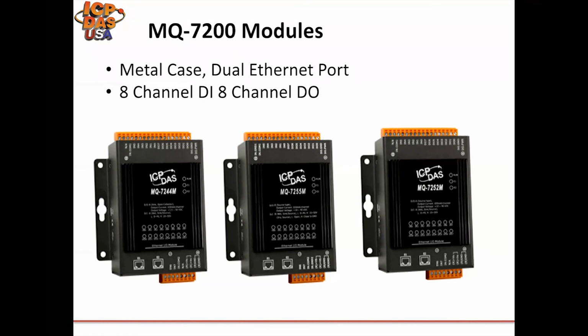Each has 8 channels of digital input and 8 channels of digital output. Depending on the model, your options for input are sink and source, dry and wet contacts, and the outputs are all isolated open collector with a max load current of 650 milliamps and 3.5 to 50 volts DC, depending on the model.